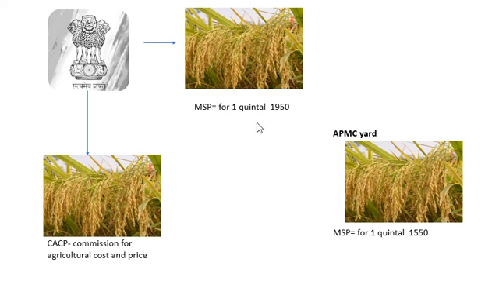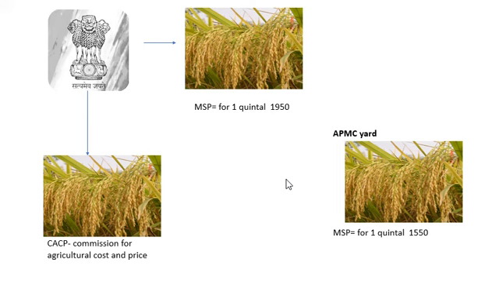That is, if the farmer sells to the government, to the FCI, he will get the benefit of 1950, whereas if he sells to the APMC, he will get only 1550. So this is the reason why MSP was established.